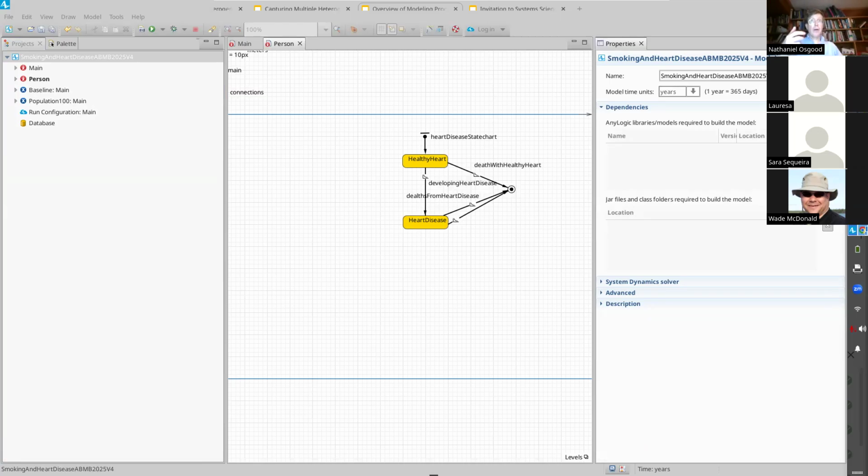How many are there who have no heart disease? And I want to be able to plot that over time. So let's go to our model here, and we're going to create statistics in the model.